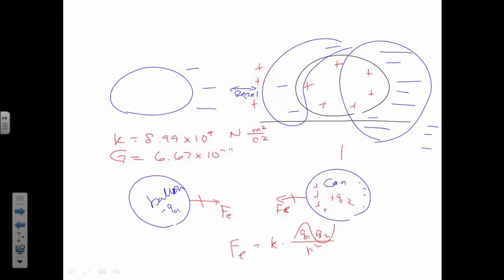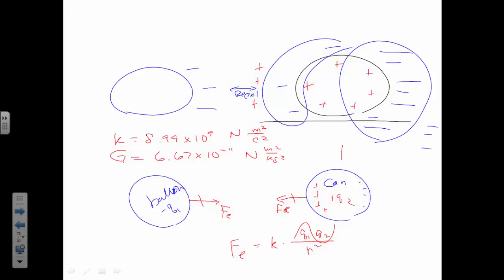And those are the units for K. Same thing for gravity: we would have newtons, and we have to cancel out our masses, kilograms squared, so the units are meters squared over kilograms squared.